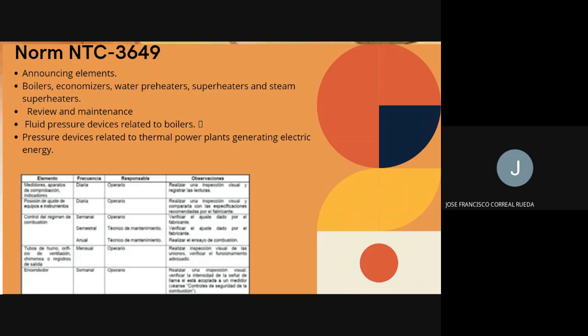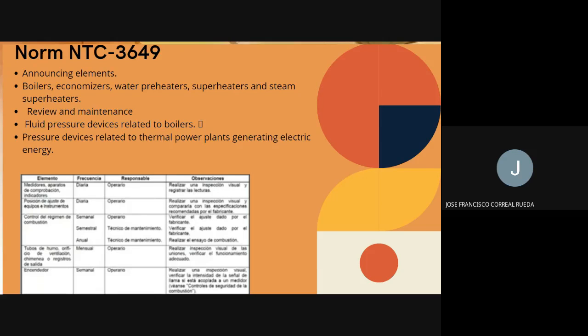For the first part, the standard considers the requirements of assembly, the maintenance, the operation of control, and also safety devices for automatically operated boilers regarding fuel consumption. It also talks about the norm NTC 3649.